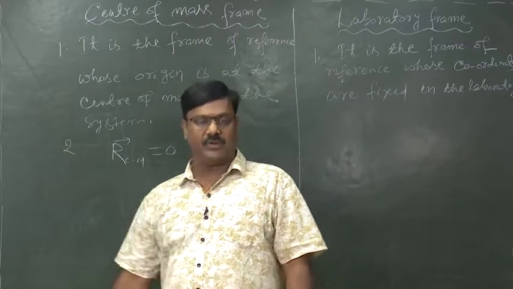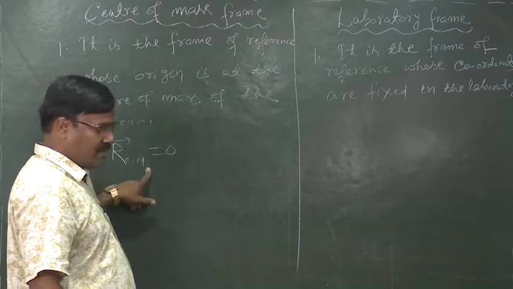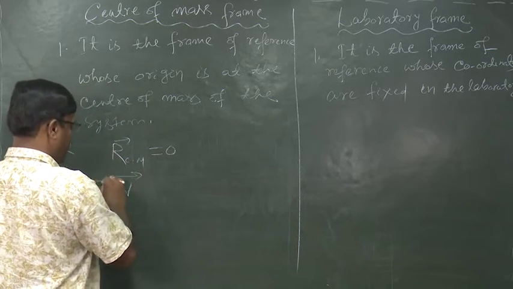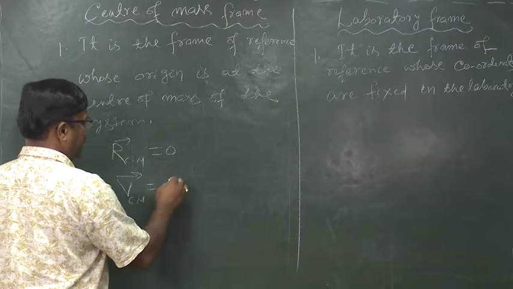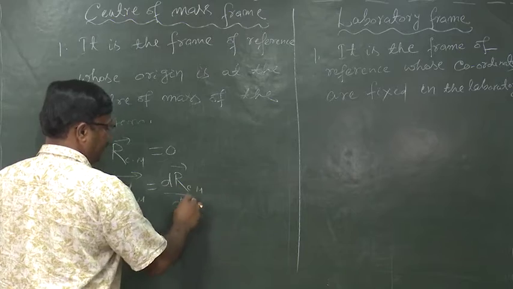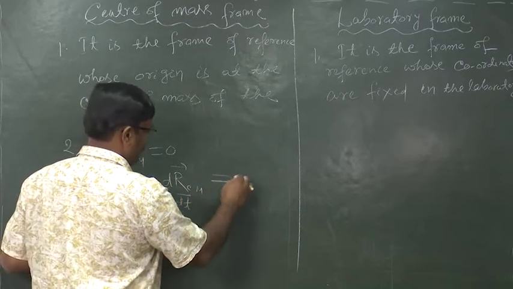So, the position vector of the center of mass is 0, and hence we can write the velocity of the center of mass as dR by dt, which is equal to 0.